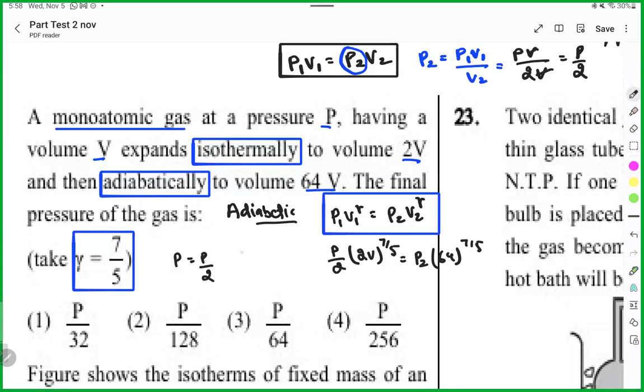So P2 is P by 2 times 2V divided by 64V, whole raised to power 7 by 5. 1 by 32, you will get the answer. Here's the calculation.